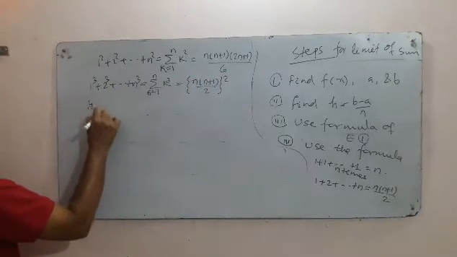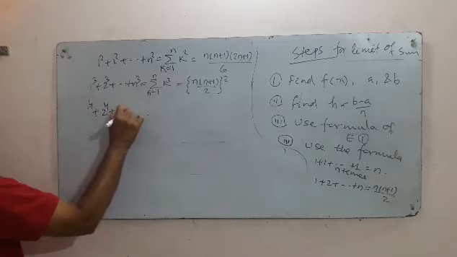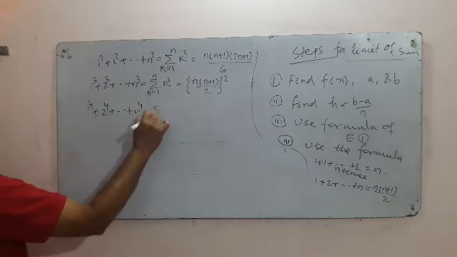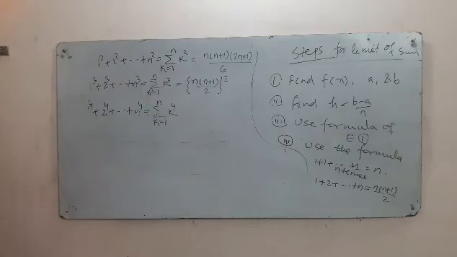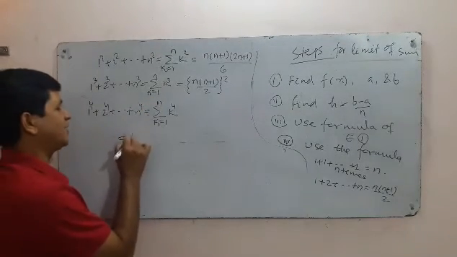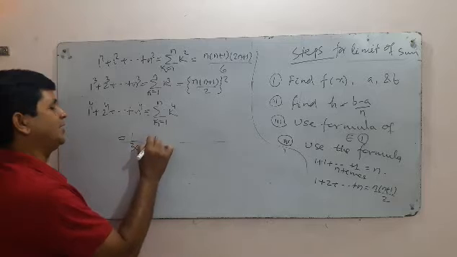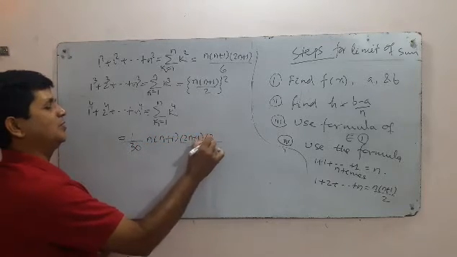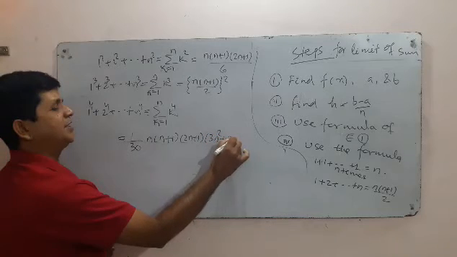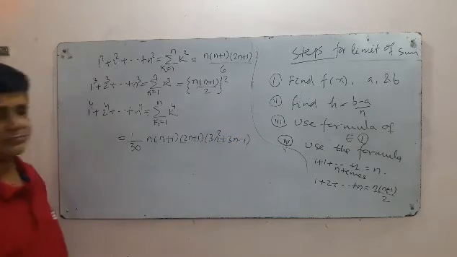1 to the power 4, 2 to the power 4 dot n to the power 4, that is summation k to the power 4, k varies from 1 to n. That value is 1 by 30 into n plus 1 into 2n plus 1 into 3n square plus 3n minus 1.